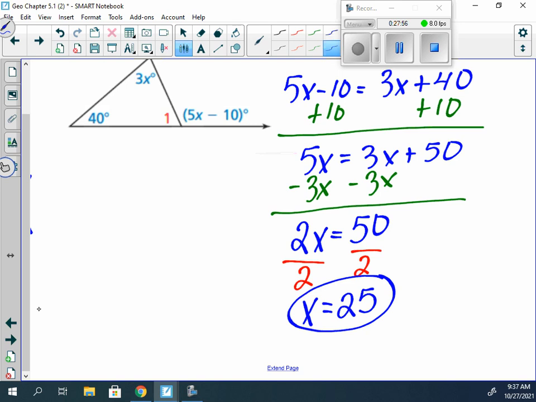Does that tell us what the measure of angle 1 is? No, but it helps us find it.